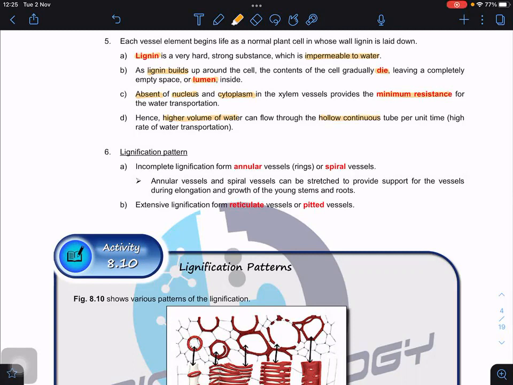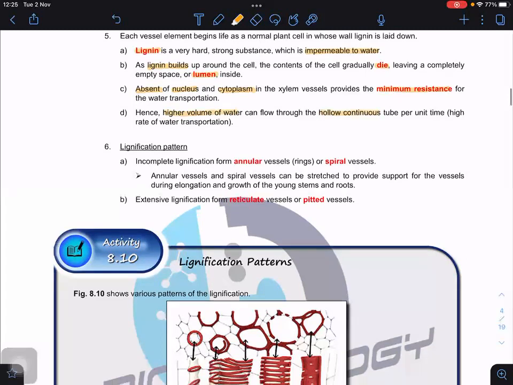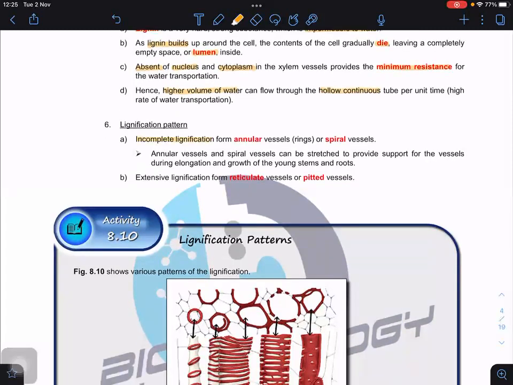Now in terms of the cells, the lignification has two forms. One is incomplete lignification, another one is extensive lignification. When the plants are young, in young stems or roots, the lignification pattern will be annular, meaning ring, or spiral, meaning spring.